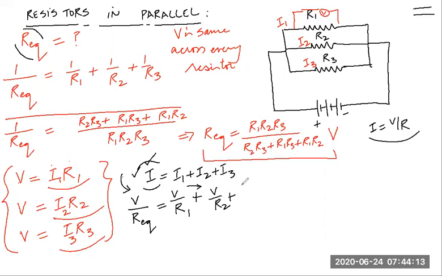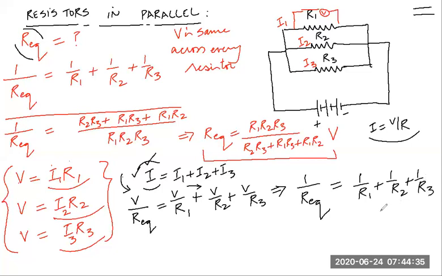And next V by R3. Now you see, students, again you apply mathematics. Take V common from here. It cancels with V. What remains is again the same formula which we stated at the start: 1 by R equivalent is equal to 1 by R1 plus 1 by R2 plus 1 by R3.